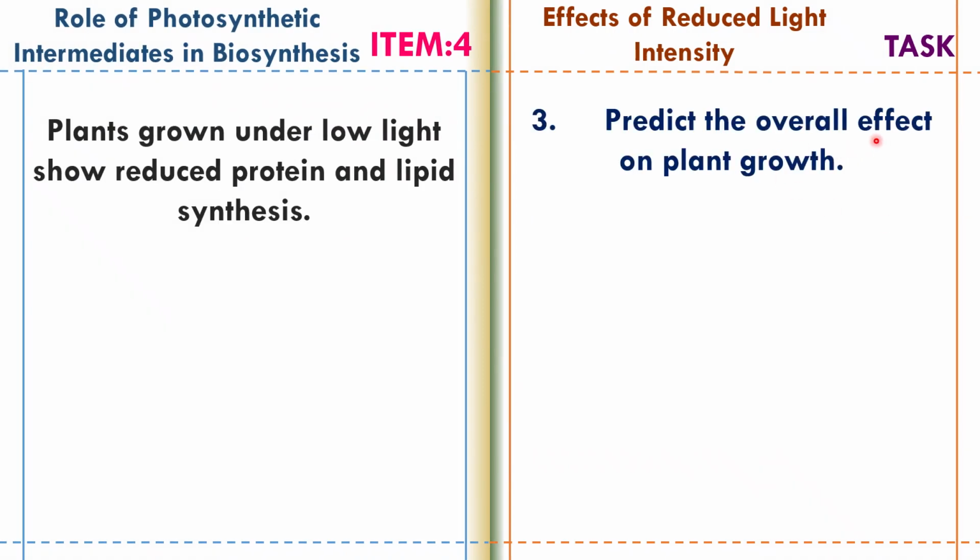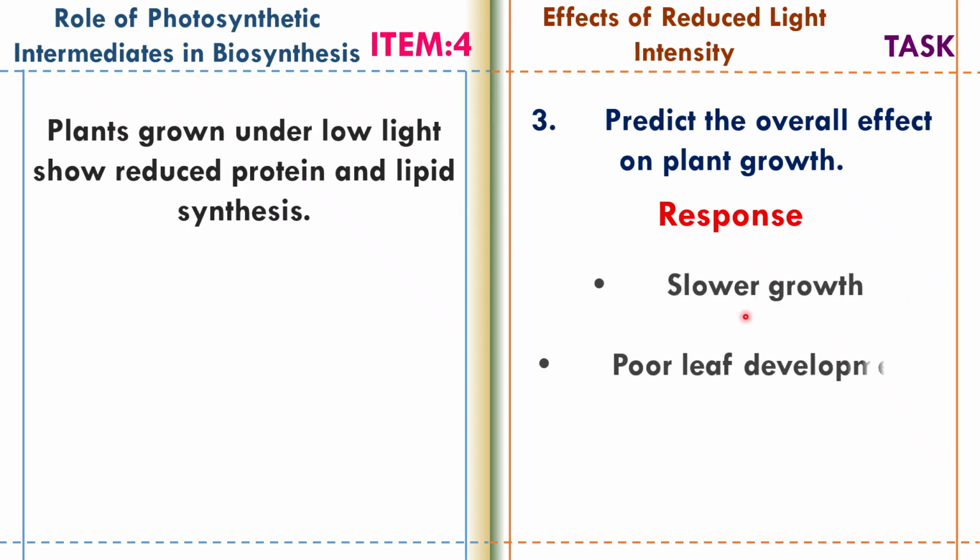Predict the overall effect on plant growth. Slower growth, poor leaf development, and reduced biomass accumulation. Still on the role of photosynthetic intermediates in biosynthesis, item 5, looking at pathway analysis.